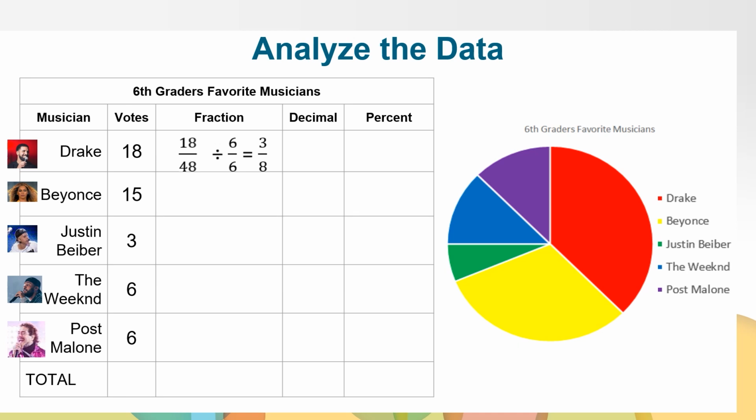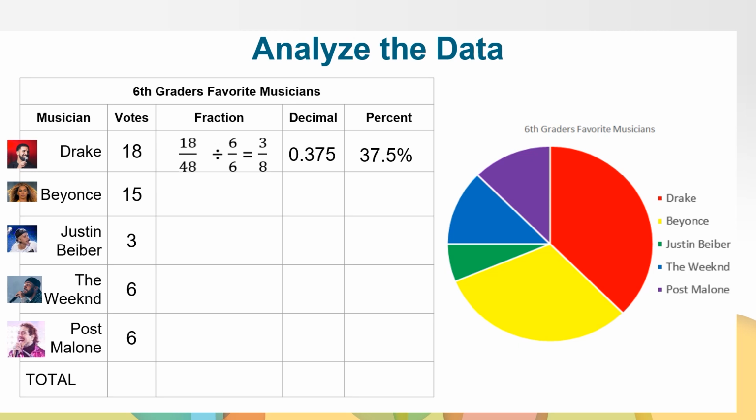I remember that 1/8 is equivalent to 125 thousandths. And if I triple that, or multiply by 3, I'll get 375 thousandths. And that's equivalent to 37.5%. I'll label the red section with Drake's 37.5% of the votes.